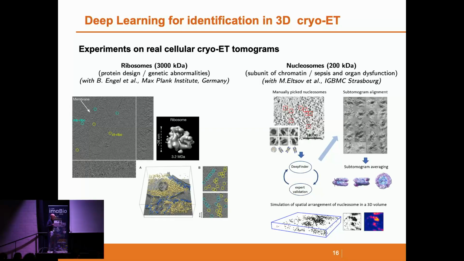But in collaboration with another group at IGBMC in Strasbourg, we focus on nucleosomes. And nucleosome is much more smaller, 200 kilodaltons, right? But to get training data sets, we have to adapt the strategy for training.